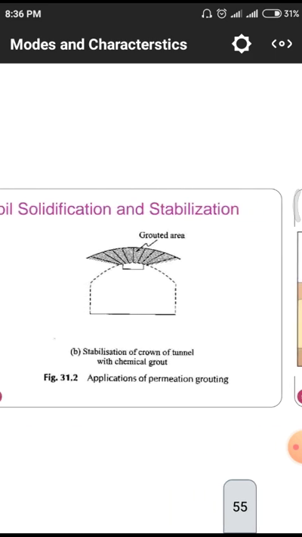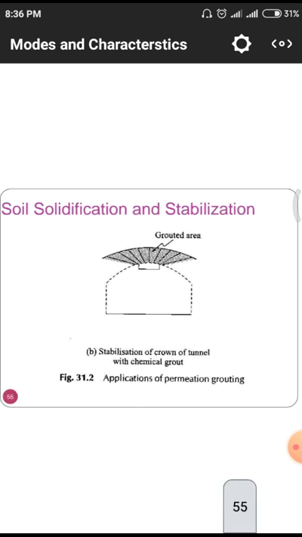Here also we have to observe some soil solidification and stabilization. On the top part we have a grouted area, stabilization of the crown tunnel. Normally tunnels are utilized for transferring water from dams to industries or other utilities.